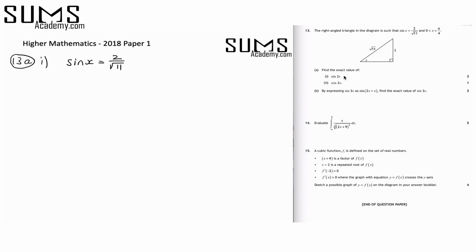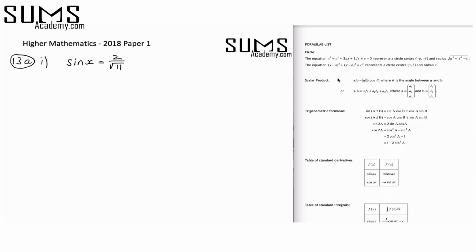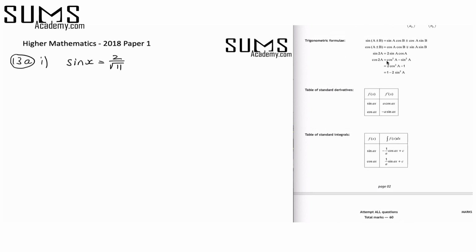So we're going to need our trigonometric formulas. Sine 2x is equal to 2 sine x cos x.